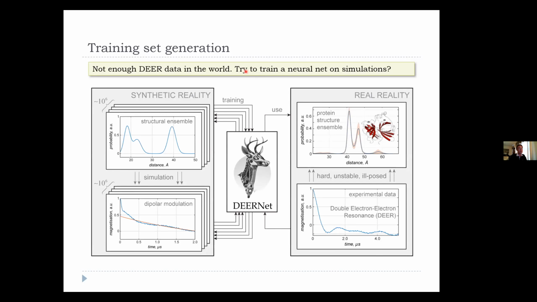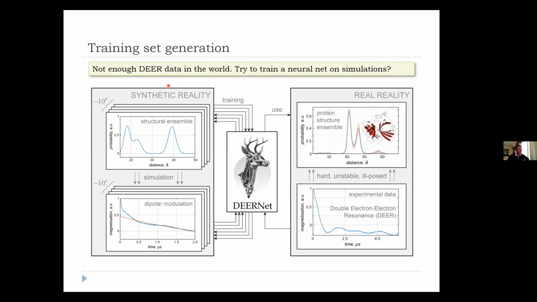So we tried to train it on simulations. And simulation is something we are really good at because of Spinach. It's actually quite easy to launch 1 million instances of Spinach on a large cluster and just generate 1 million instances of synthetic DEER traces, and then to artificially add all the noise, all the distortions, everything that can possibly go wrong.